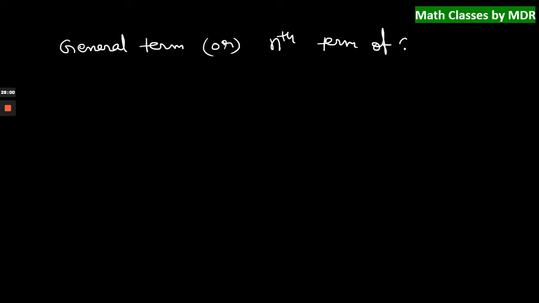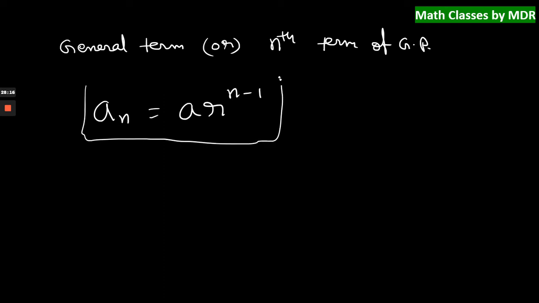This is also called the general term, or nth term, of the geometric progression or geometric sequence, and it can be written as An is equal to AR power n minus 1. Here A is the first term, R is the common ratio, and n is the term number.